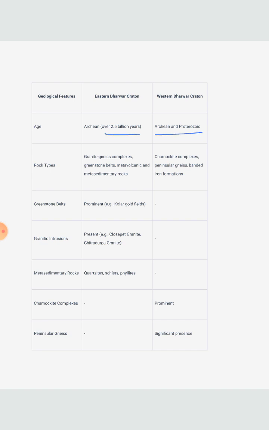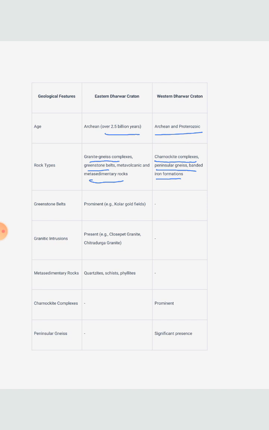Archean to Proterozoic. The rock type is granite gneiss complex, greenstone belt, metavolcanic and metasedimentary. And the western Dharwar craton is charnockite complex, peninsular gneiss, banded iron formation.